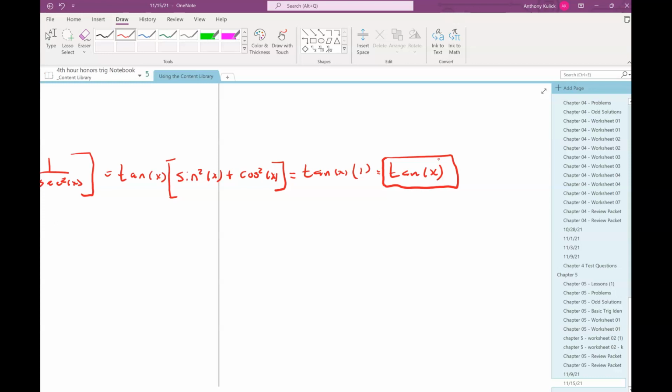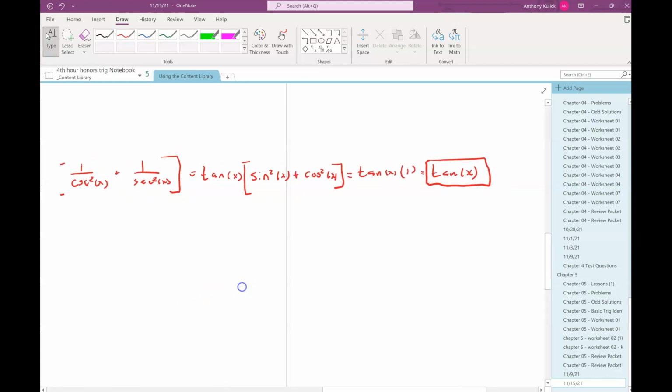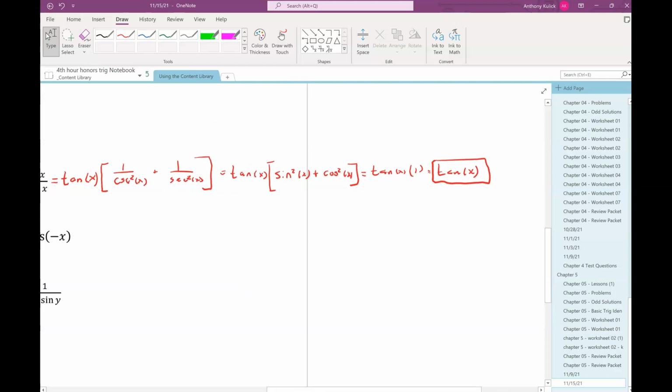Is that okay? Some sneaky stuff maybe, or not. It's just one of those where there's lots of things you could have done. Unfortunately, a lot of those things are rather time consuming, they make a lot of work and don't necessarily get you a lot closer to the answer. That's probably the quickest way to get there.